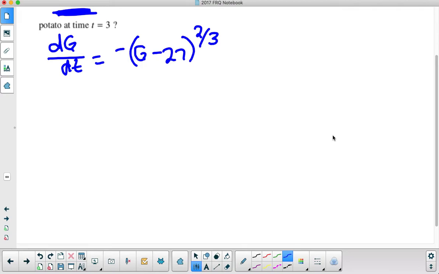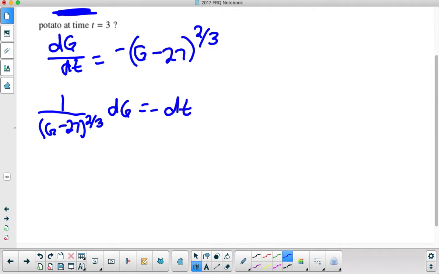So 1 over g minus 27 to the 2/3 dg equals negative dt. All right, so we multiply both sides by dt. Again, probably not the most mathematically correct way of saying it, but algebraically that's what we always do.